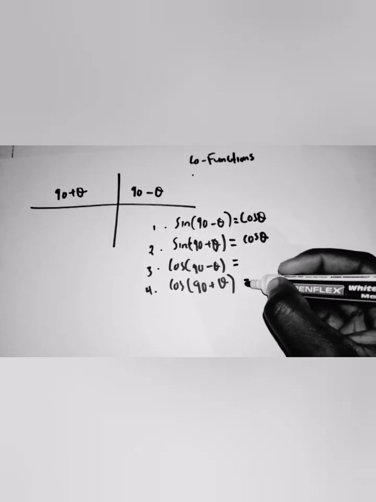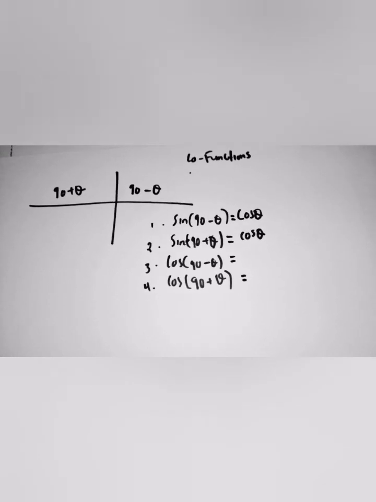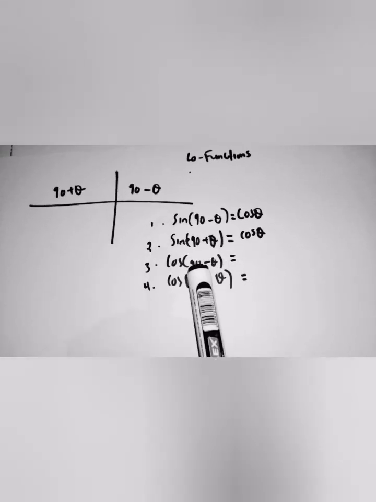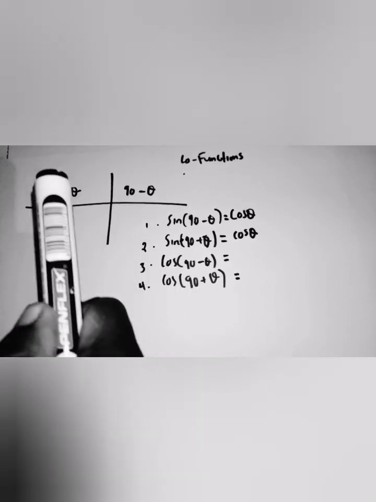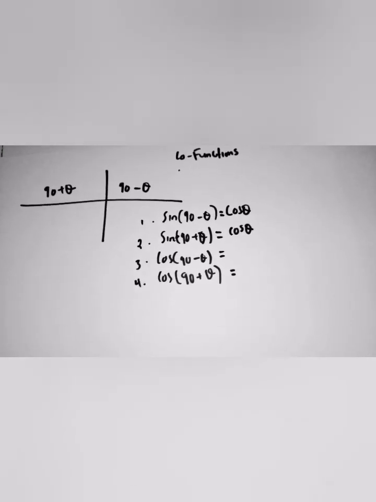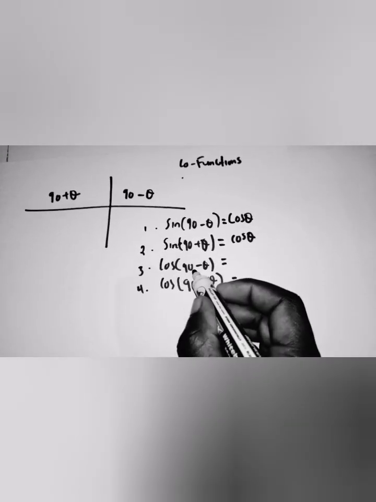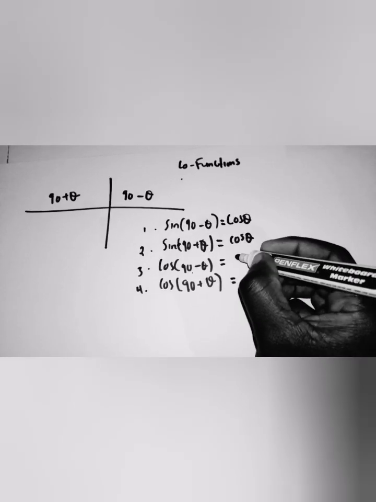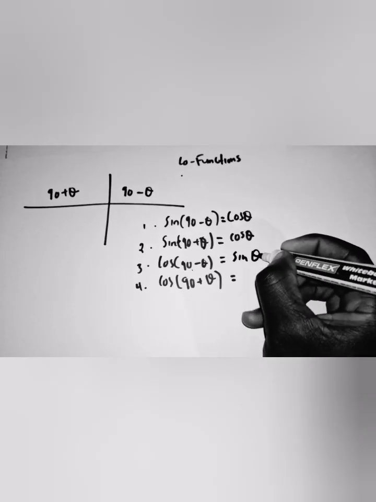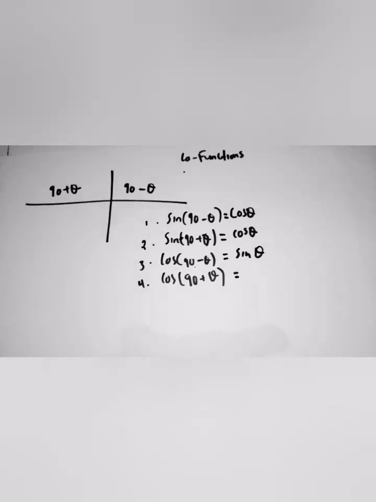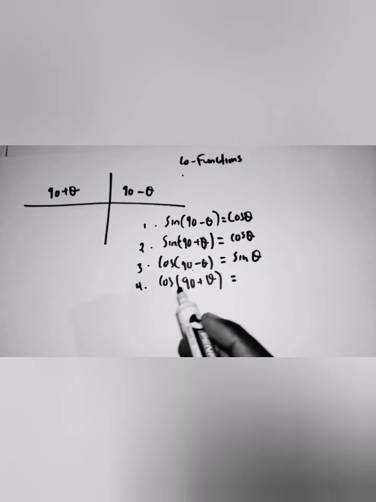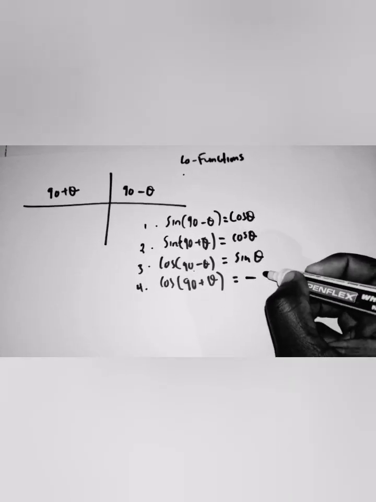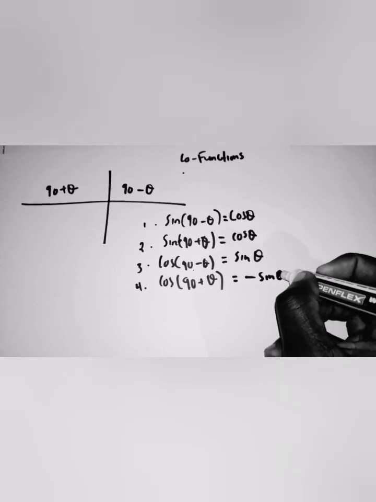Now here we have cos 90 minus. It is on the first quadrant, and this is on the second quadrant. But what you need to understand, it will change into positive sine theta. You must know this, it is very important. For 90 plus, there we have cos, we'll have the negative sine theta.